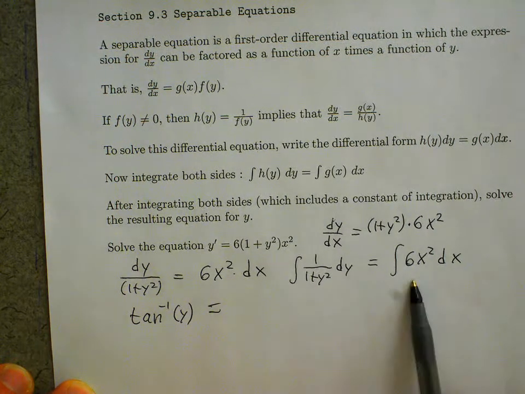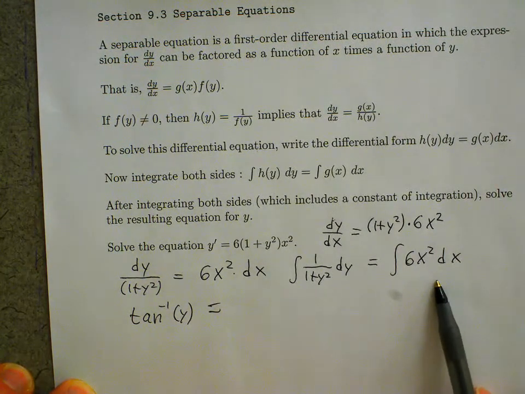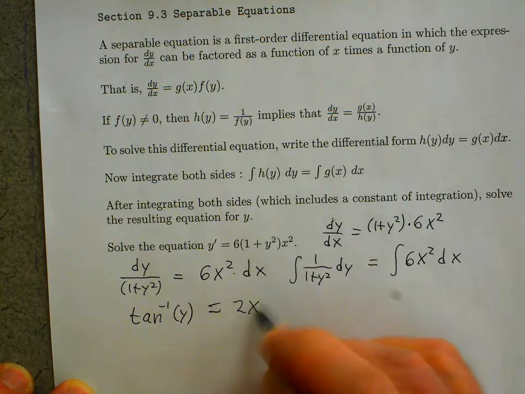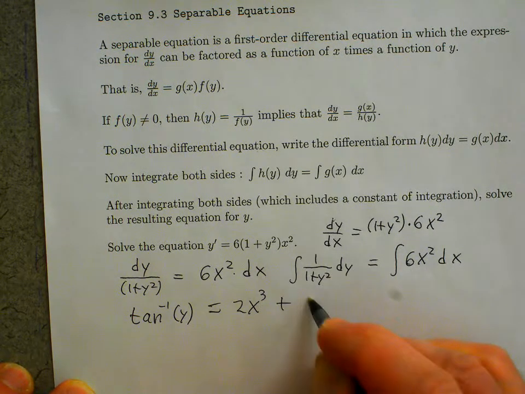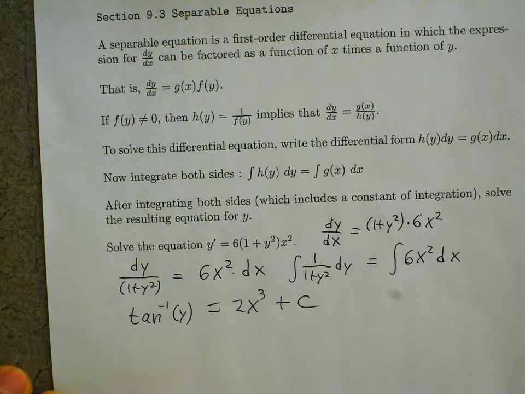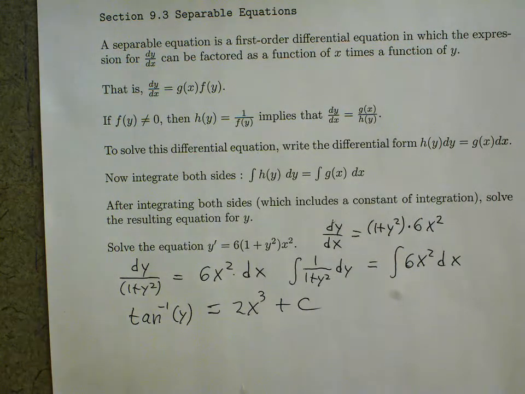And then on the right-hand side, we integrate with respect to x. An antiderivative of 6x squared is 2x to the third. And we add a constant of integration. The goal, remember, is to solve for y.